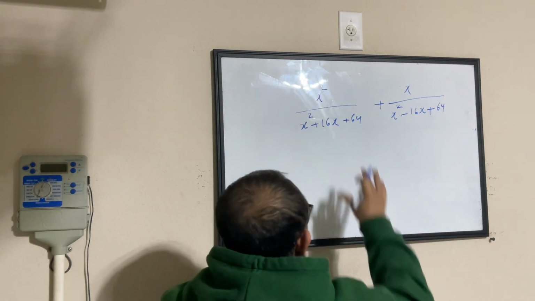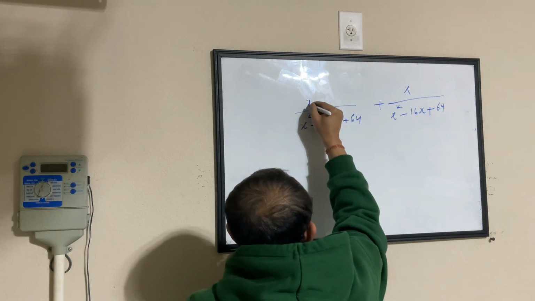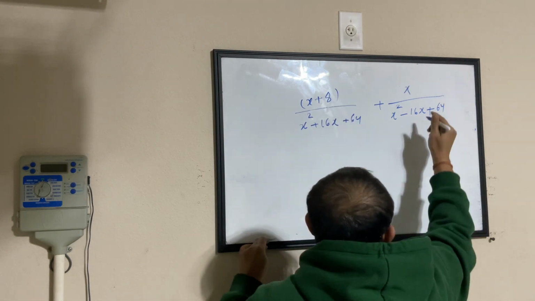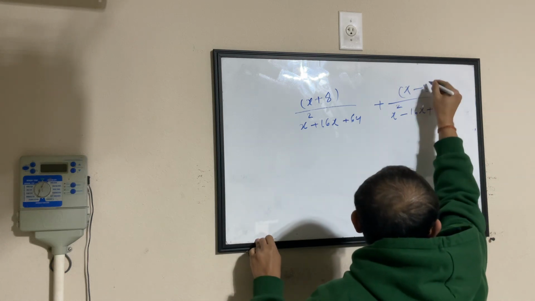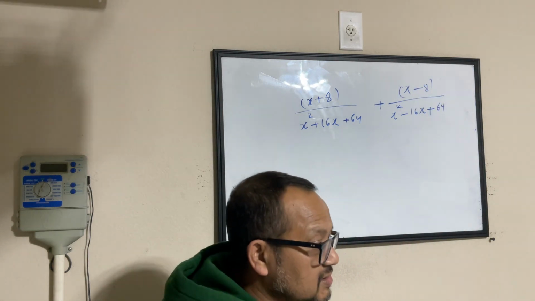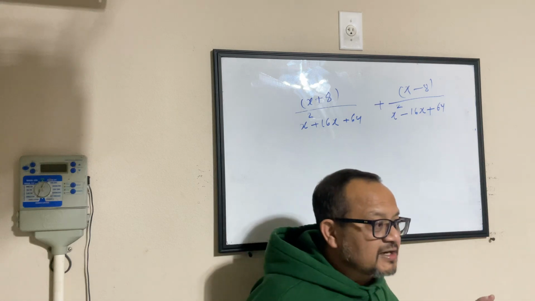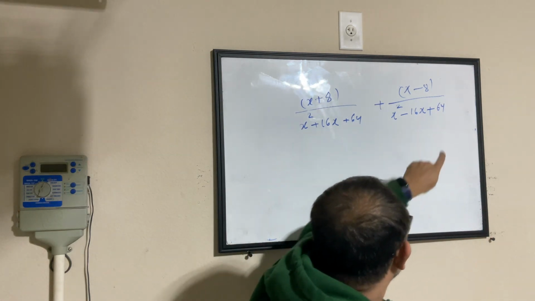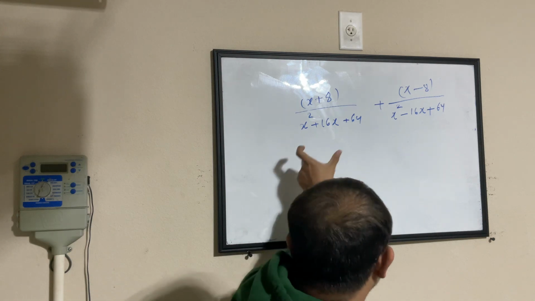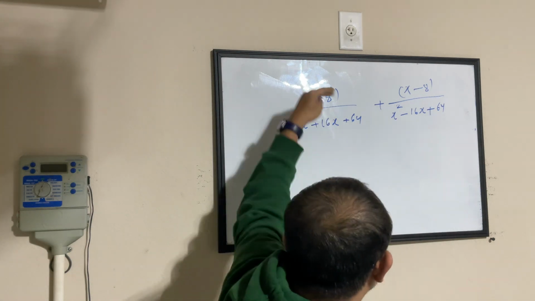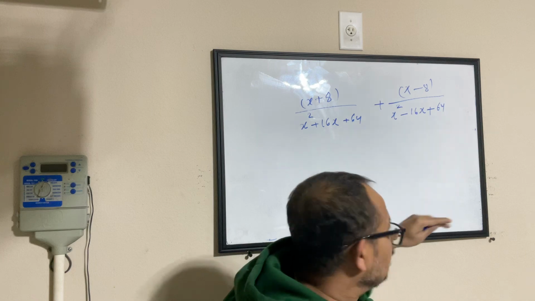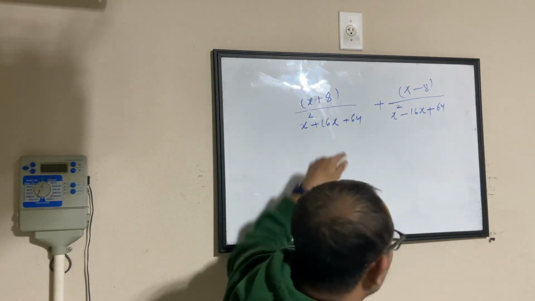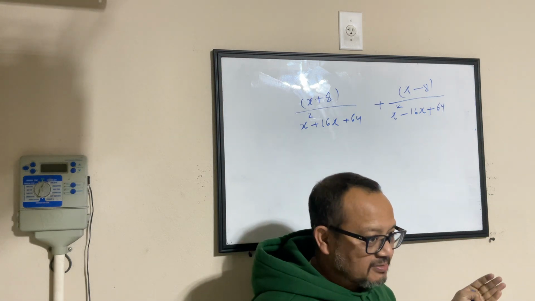Just to make it a little easy, I'm giving you a clue here. I'm saying solve this. You can go the normal fraction addition route. Take this as one term, take this as another term, and find out the LCM, which will be nothing but this times this, and then find out this multiplied by this value, and then this multiplied by this value, and expand it and do the sum.